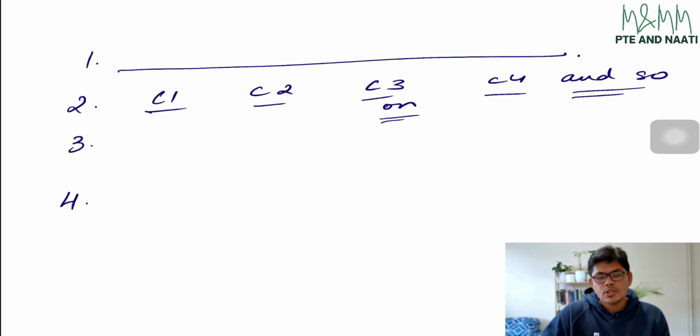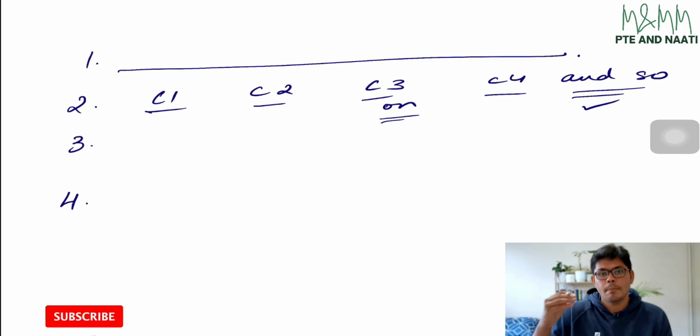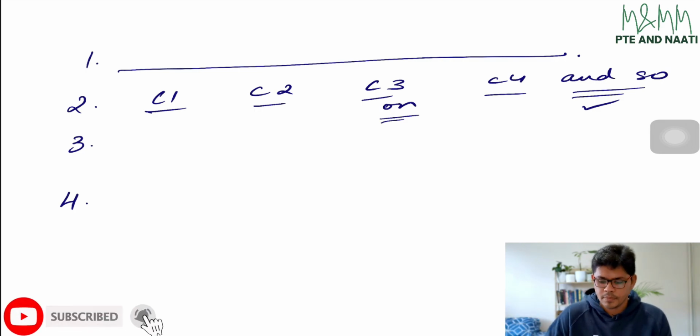What we are trying to convey to the computer is that we understand that there are several categories in the image, but we do not have the time to mention all of them. Hence, we know that there are few like category 1, 2, 3 and 4, but there are many more that we can see. So computer knows that we are aware that there are several categories. So please do not skip this word and so on. Please mention it in the speaking.